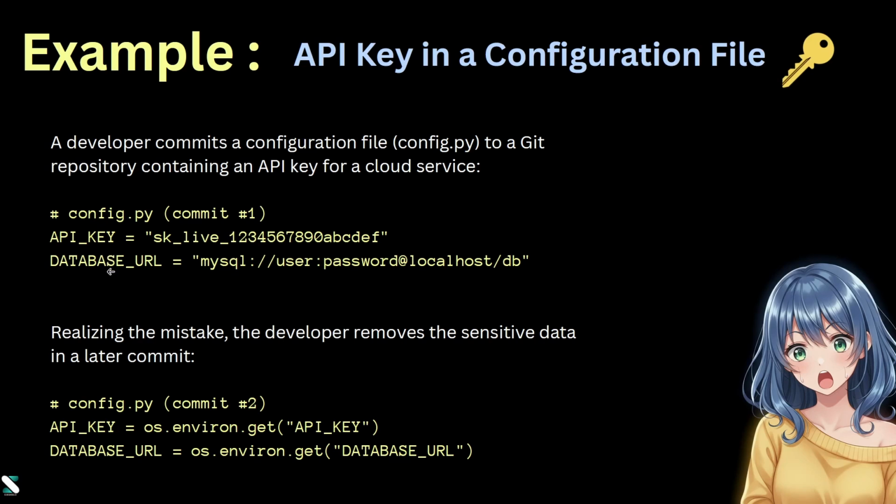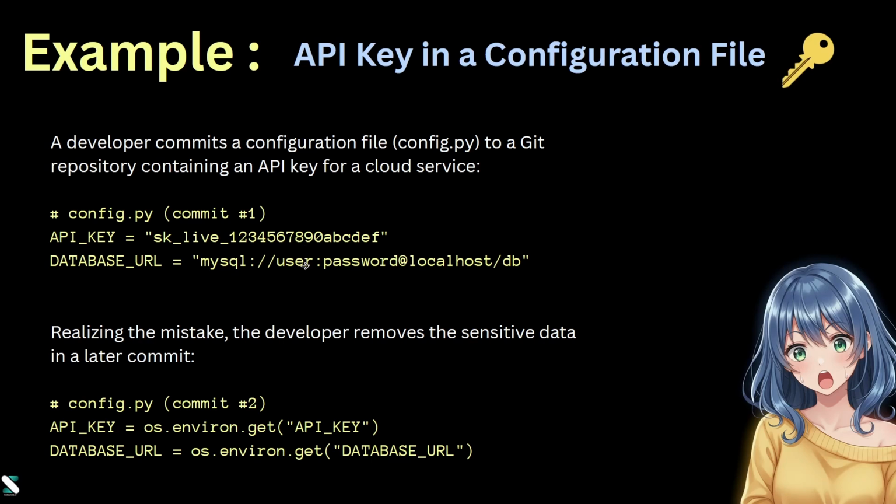Then in another variable, database underscore URL, you can see MySQL user and password at localhost and database. So it is also displaying the database password. This is also a flaw.